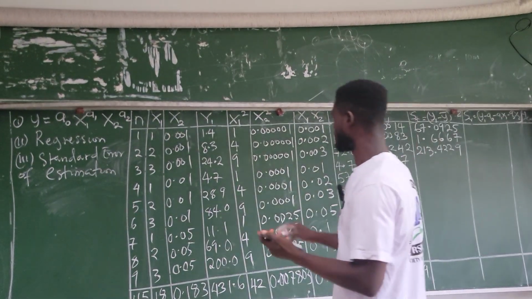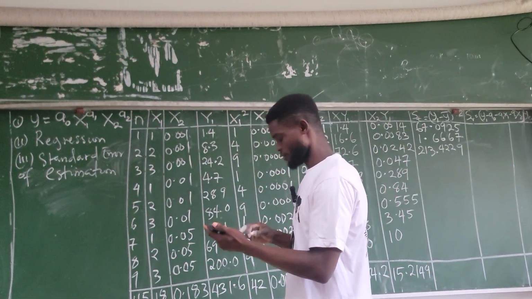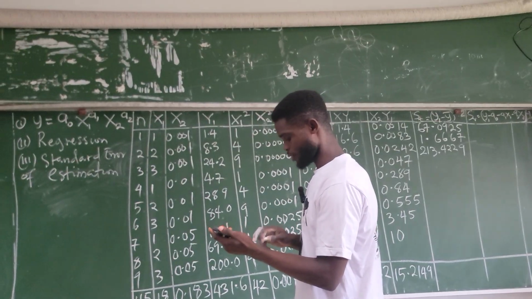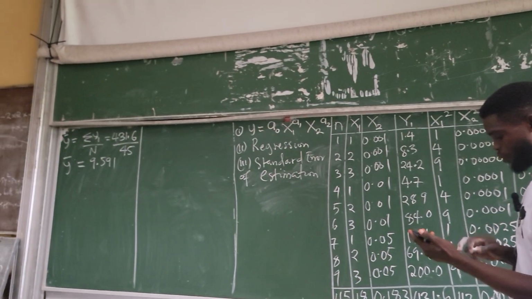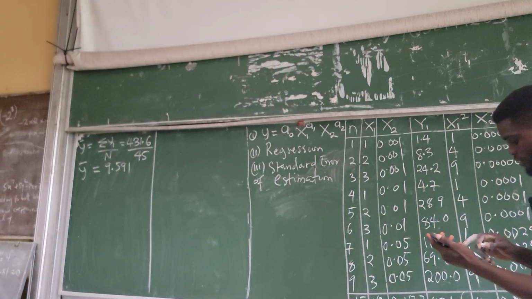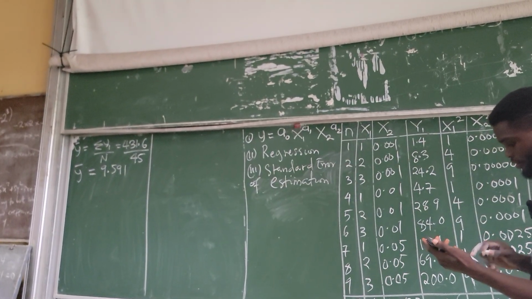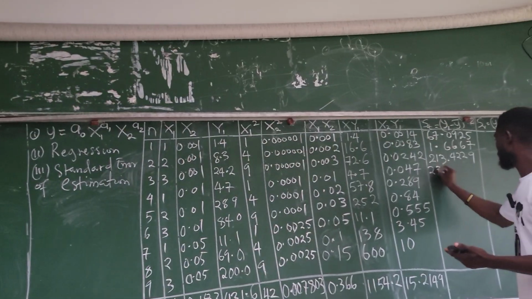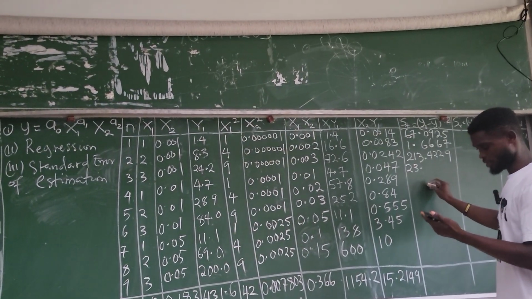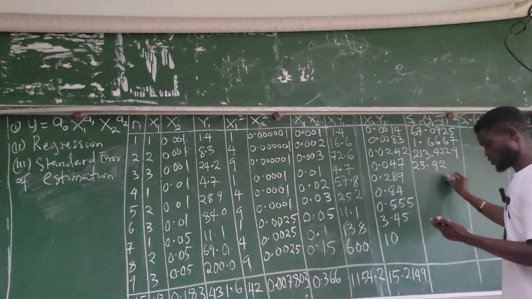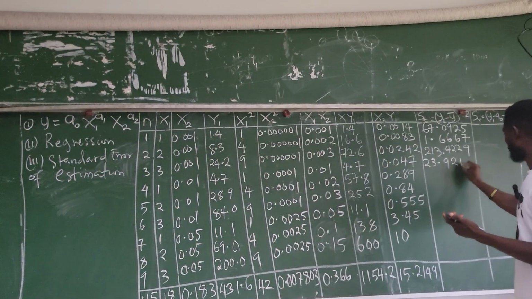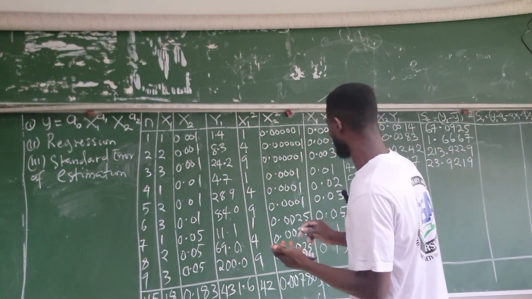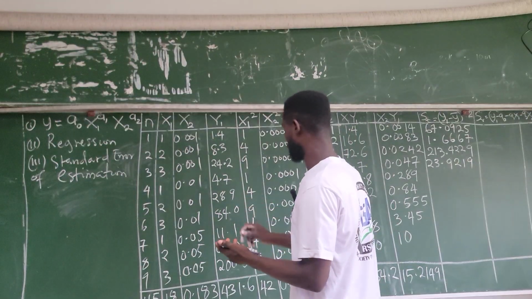Also we do the same thing here. 4.7 minus 9.591 in square will give you 23.9219. So we also do the same thing from here.